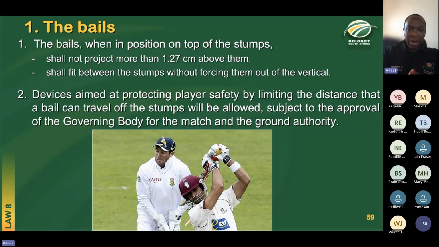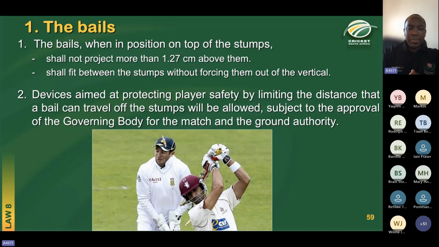I'm not 100% sure of the year. But what happened is the striker was bowled, and as the ball hit the stumps, the bails flew up, and one of them hit Mark Boucher in his left eye, and he was never able to fully recover his vision from that injury and was forced into early retirement as a result.